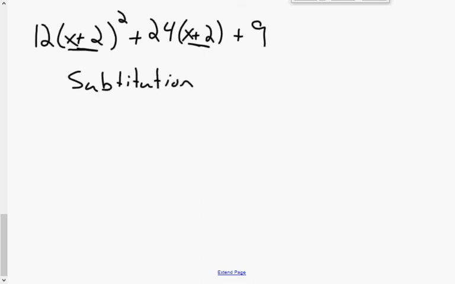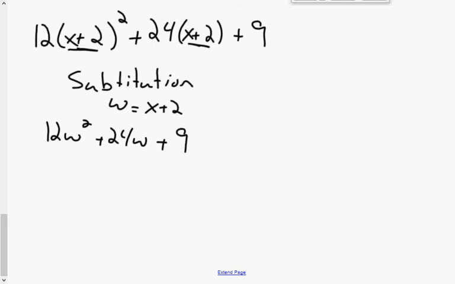So I could say W equals X plus 2. And when I do that, I can get rid of all my X plus 2's with W's. So it looks like this: 12W squared plus 24W plus 9.